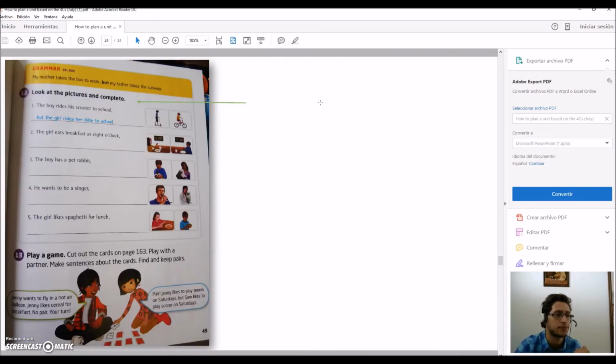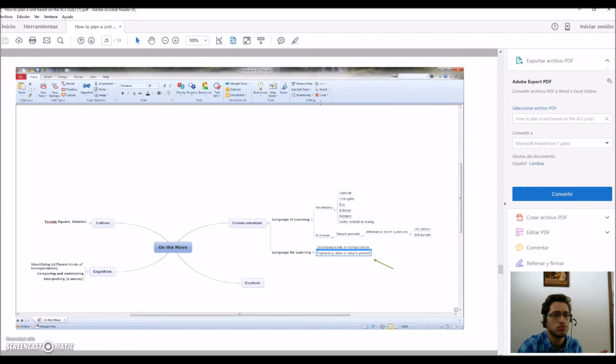Here students are learning how to write sentences in simple present. So, expressing ideas in simple present. That's another example of language for learning.